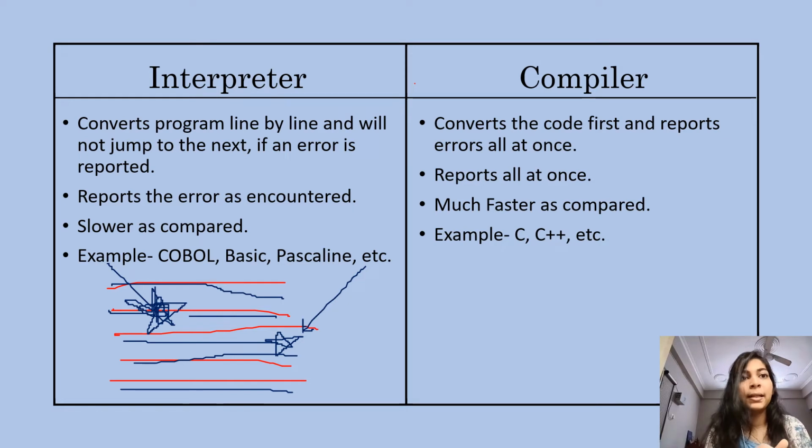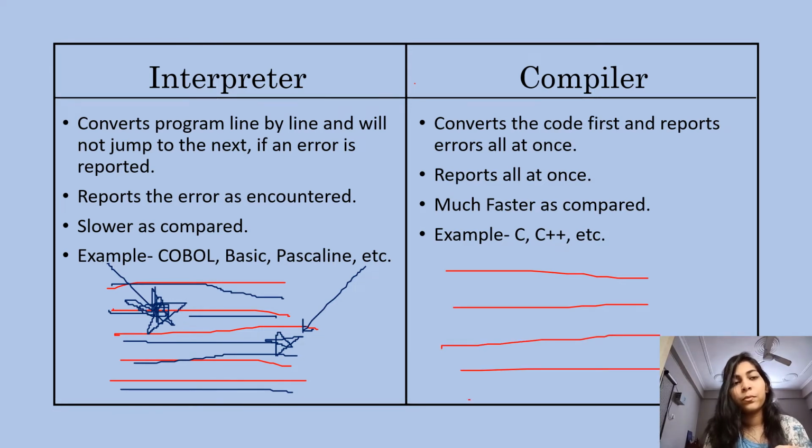Whereas we will again assume this to be the code and talk about what happens in case of compiler. The compiler shall convert all the code at once, right? It was doing it line by line.